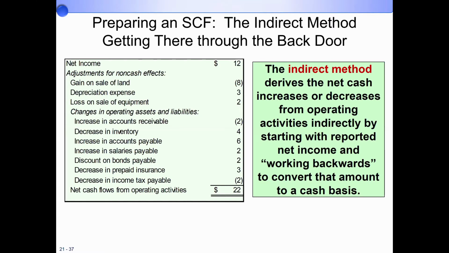Okay, so indirect method, again, this is just for the operating activity only, right? So investing, financing will be exactly the same, right, as what we talked about so far. So for the indirect method for operating activities, you remember what the operating activities are, right?